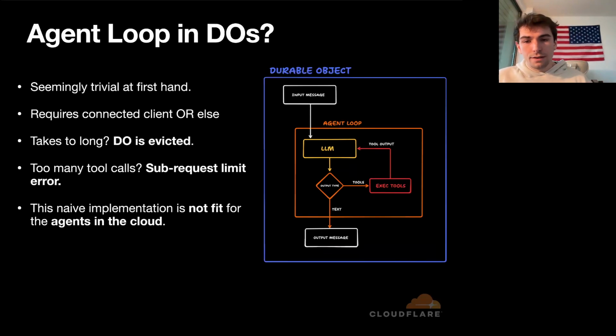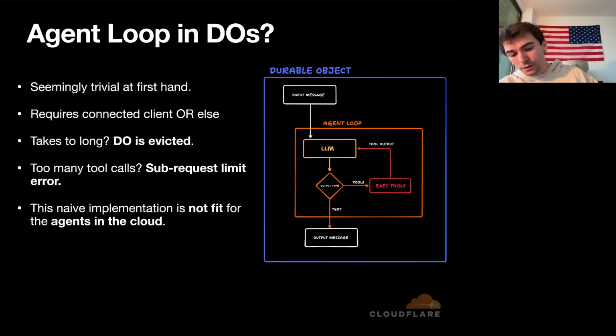If we are naive enough, we are going to get a few issues. First of all, you're going to need to have a client connected to this durable object, because otherwise, if it gets too long, as we've mentioned before, the durable object is going to get evicted, which is bad.